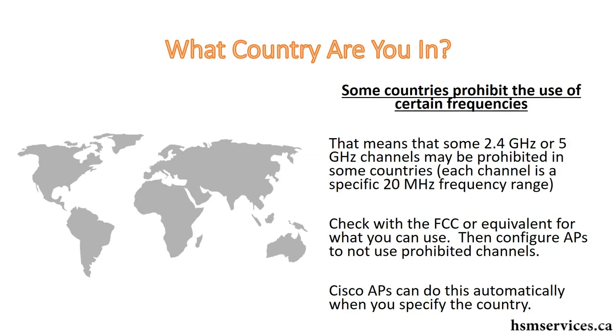So some of those channels are illegal, and you have to turn them off. So figure out which channels you're allowed to use in your country, and if you've got a Cisco access point or some other access points and you tell it the country that you're in, it'll automatically turn off the channels that you can't use.